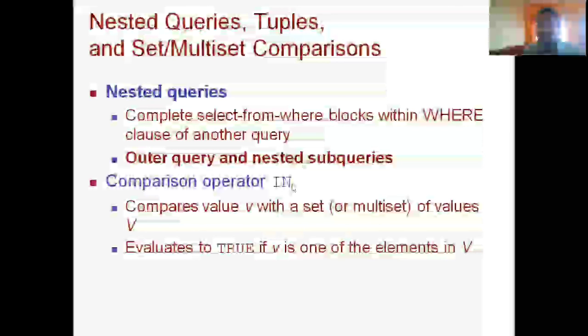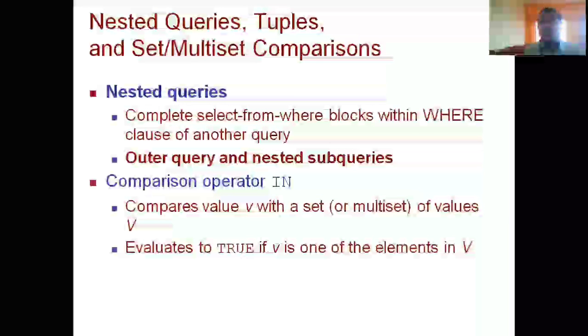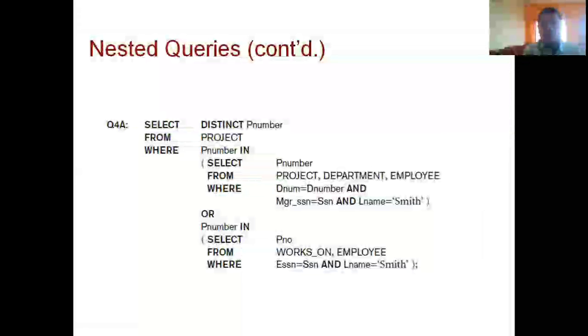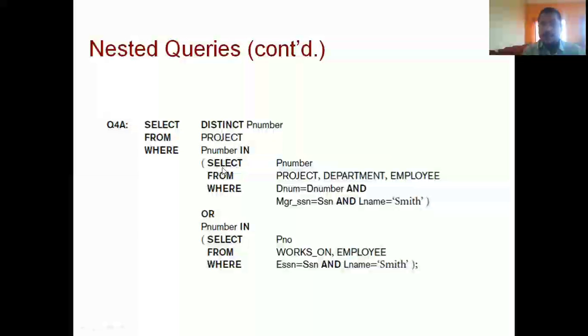A query will consist of one more query. IN is a built-in command in SQL to represent the nested query. So project number in bracket select project number from, see, here it is select and one more select. Getting or not?